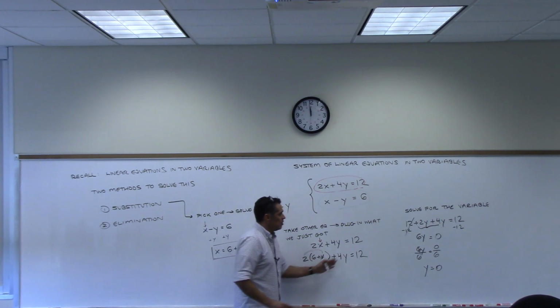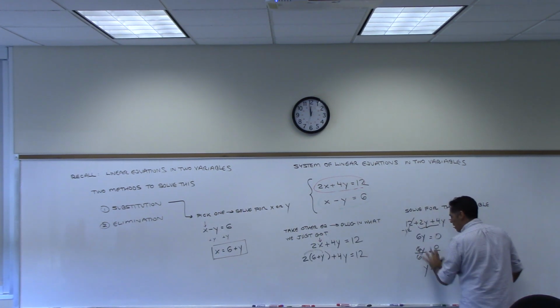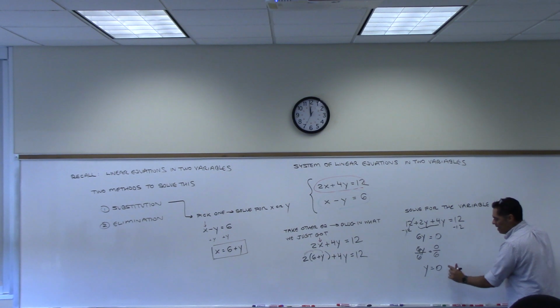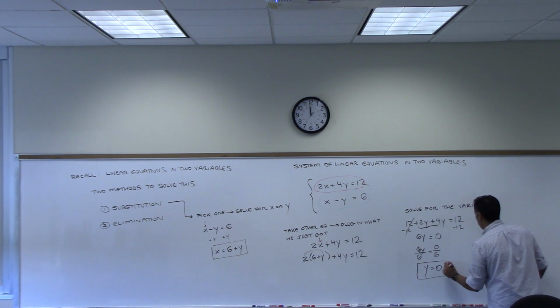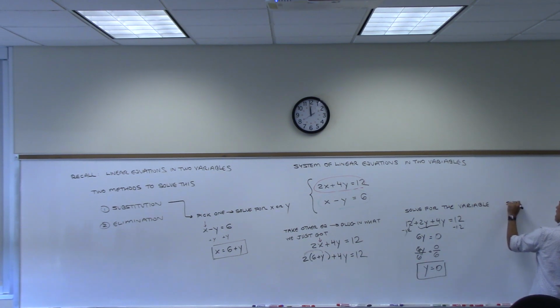So I distribute the 2 through, get this equation, move things around, and get y is 0. Last step: I know y is 0. Now I'm going to substitute that answer back in to get the other variable.